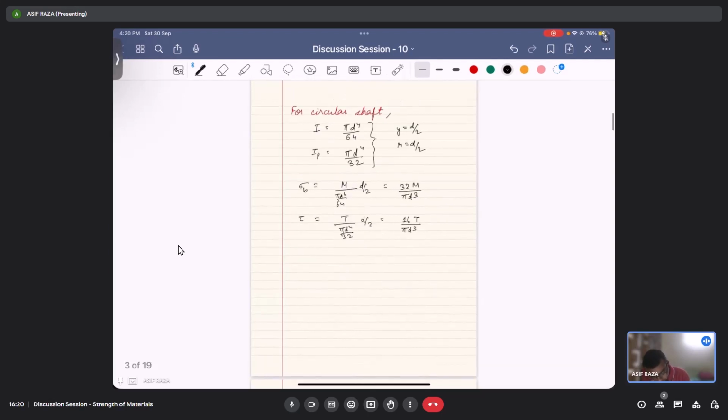Now substitute that in this. This will be 16 M by pi d cube plus minus the square root of 16 M by pi d cube whole square plus 16 T by pi d cube whole square.